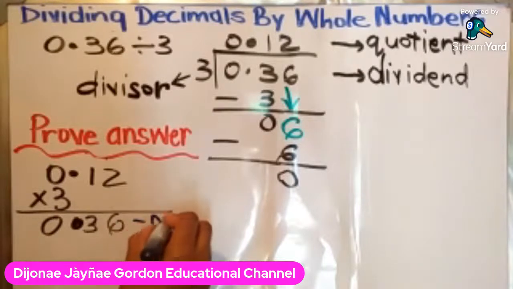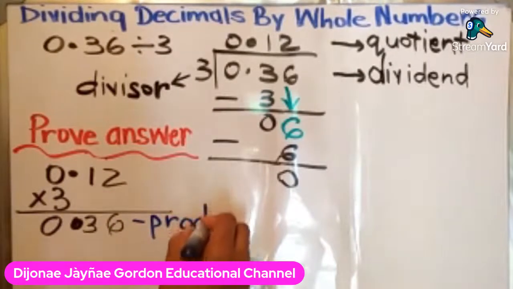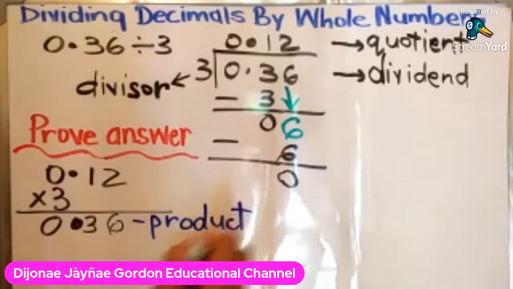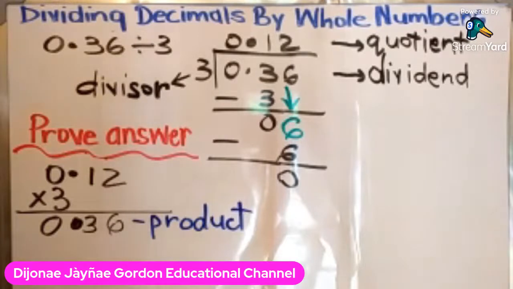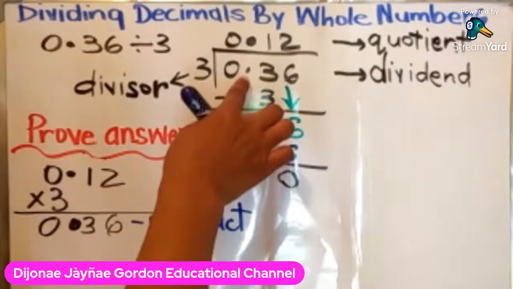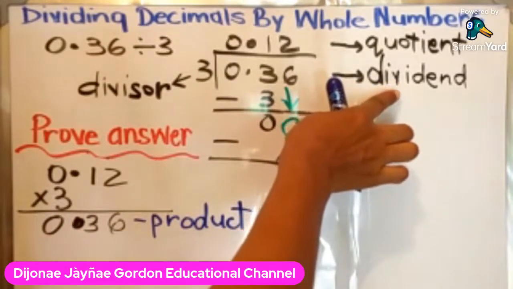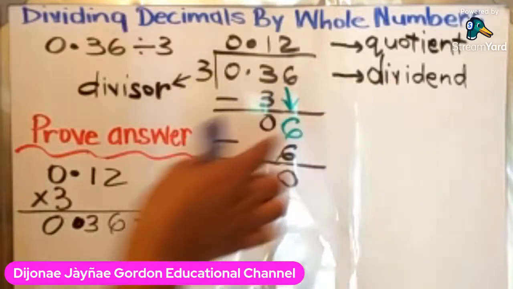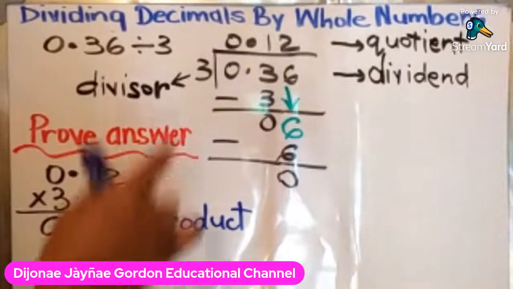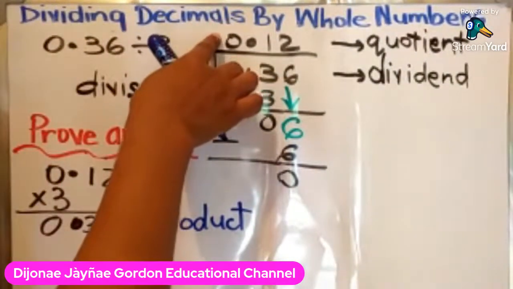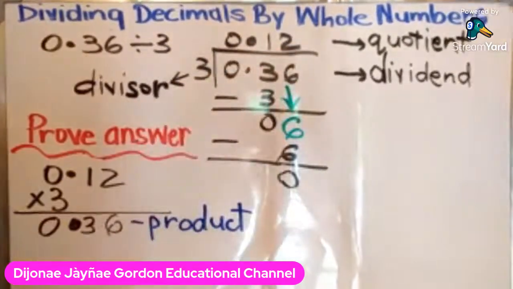And that's P-R-O-D-U-C-T. All right. So that's your product. And of course, your product, which is 0.36, is the same thing as 0.36 in your division problem, which is your dividend. And of course, that is telling us that our quotient, which is 0.12, is correct.